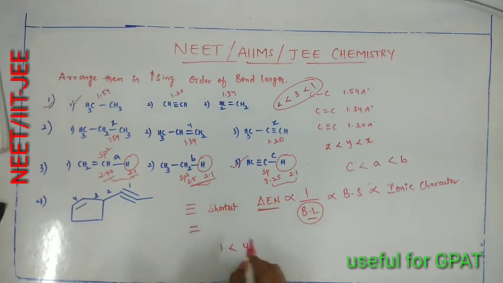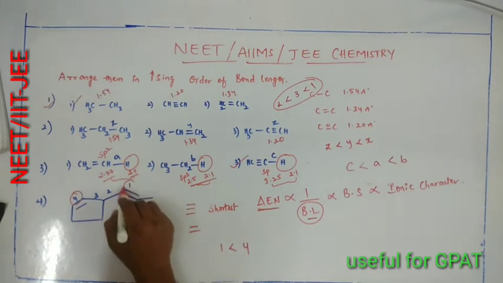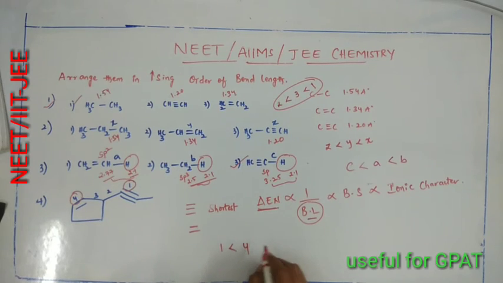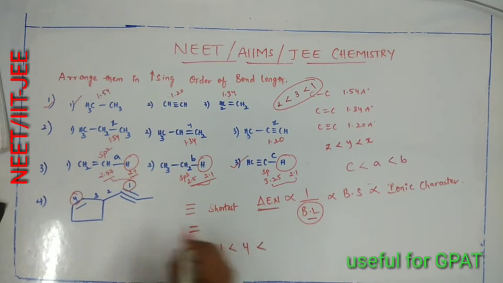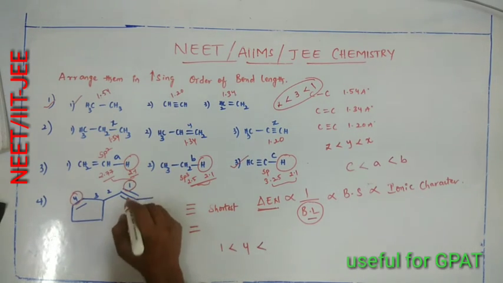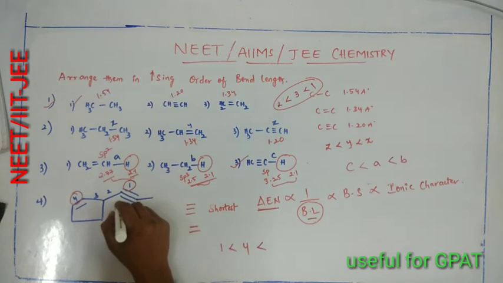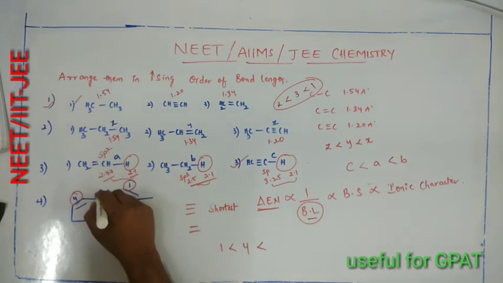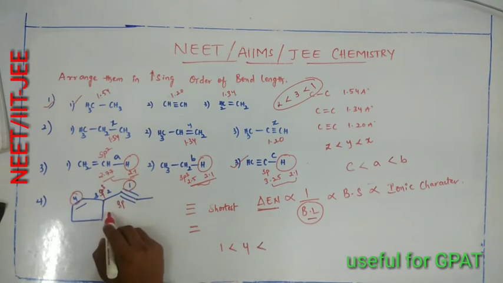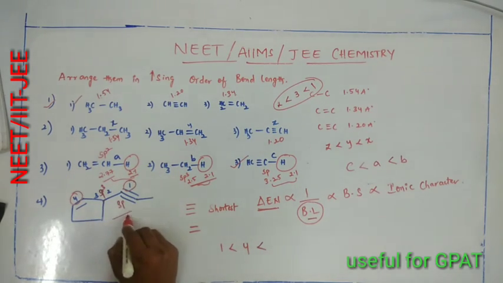So the double bond is at the fourth position and the triple bond is at the first position. Then the hybridization states of the carbon atoms here are sp hybridized and sp3 hybridized, so the electronegativity difference is 3.25 and 2.5, a larger difference.